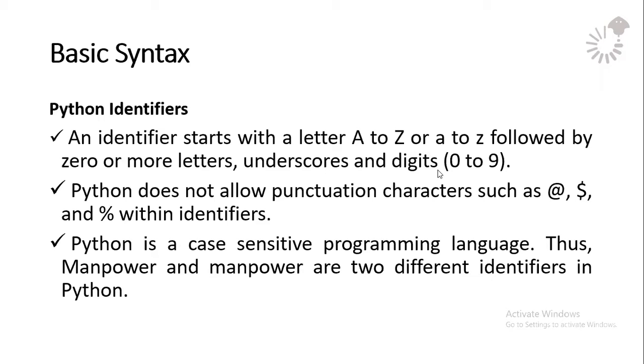So: age, hourly_rate with underscore, student_name, score1, score2, score3. Okay? So the first character is a letter, either small or big, and then followed by more letters, digits, or underscore. That's the only thing allowed.